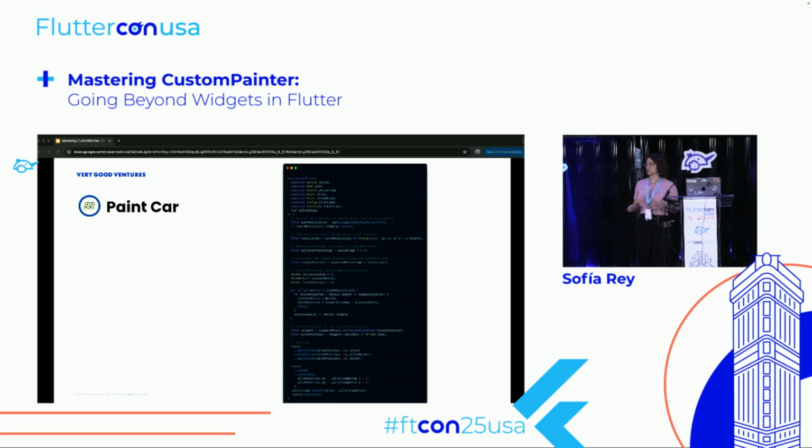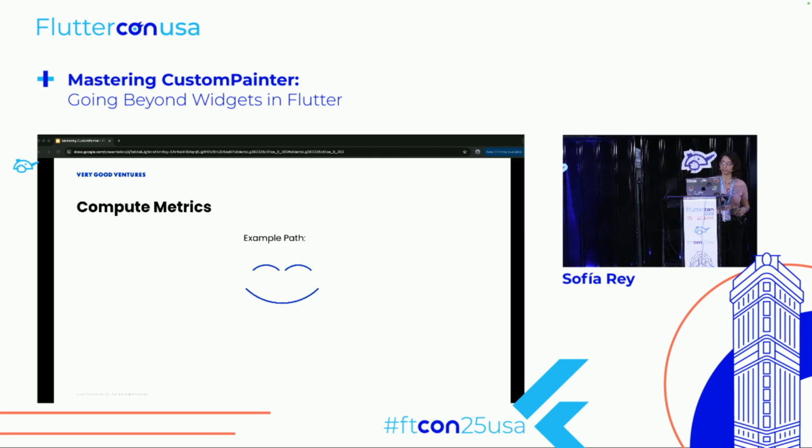So for this, we first have to know the length of our track, right? To know the length of a path, you call the computeMetrics method. And computeMetrics basically gives you a list of contours. What are contours? Every time you do a moveTo in a path and you stop drawing continuously, you create a new contour. So in this smiley face, there will be 1 contour, 2 contours, and 3 contours.